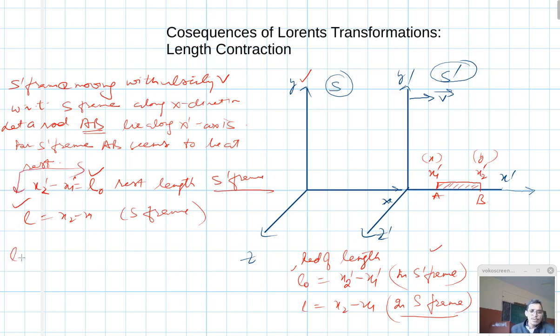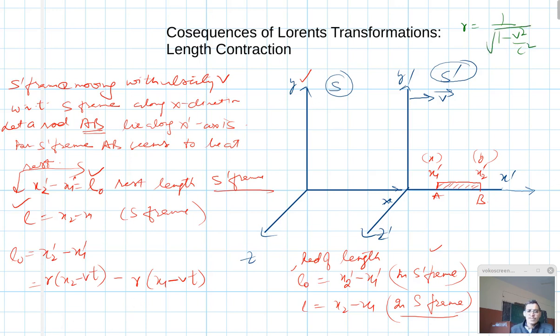As I know, L0 is equal to x2 prime minus x1 prime, and x2 prime can be written as gamma times (x2 minus vt). I will apply the Lorentz transformation here, and minus gamma times (x1 minus vt). Here gamma is equal to 1 over the square root of 1 minus v square by c square.